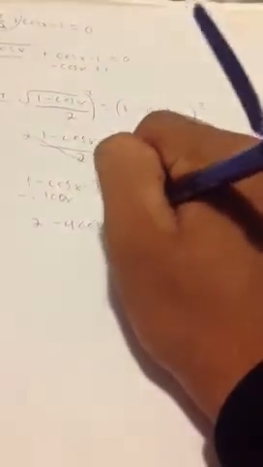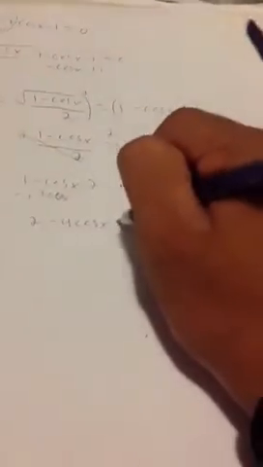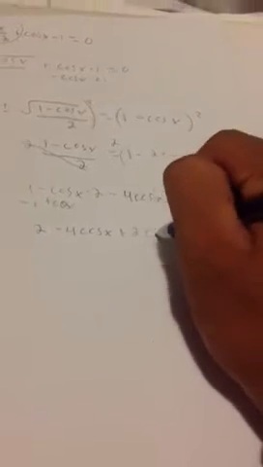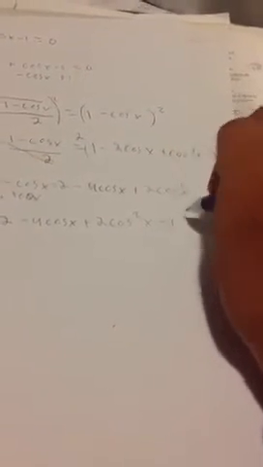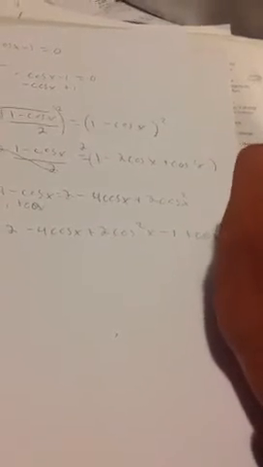So we get 2 minus 4 cosine of x plus 2 cosine squared x minus 1 plus cosine of x. So if we take a look, we have like terms here. We have 2 minus 1, which will reduce down to 1.